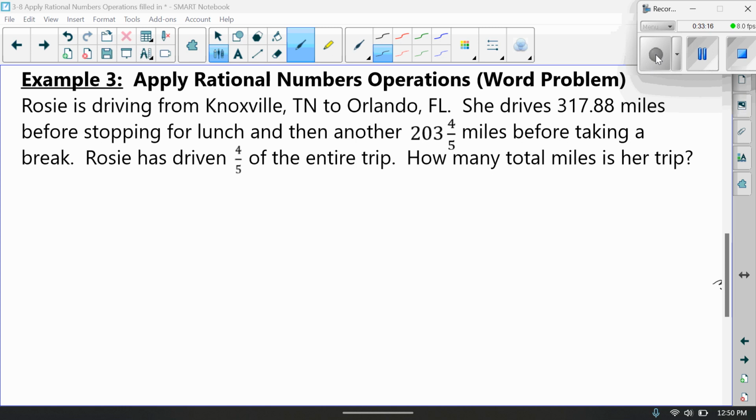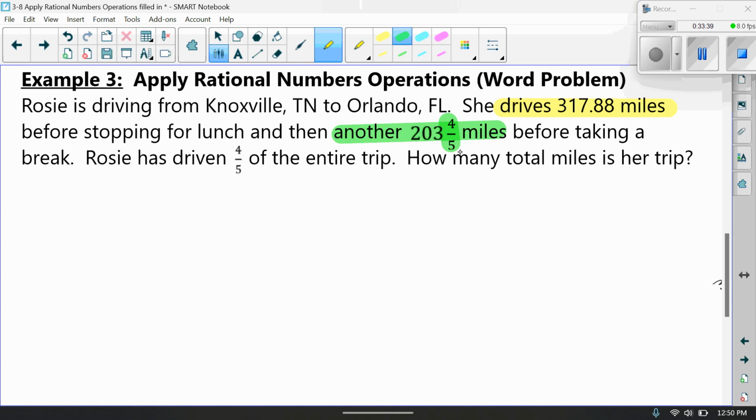So let's highlight our important information. So she drives 317.88 miles before stopping for lunch, and then she drives another 203 and 4/5 miles before taking a break.